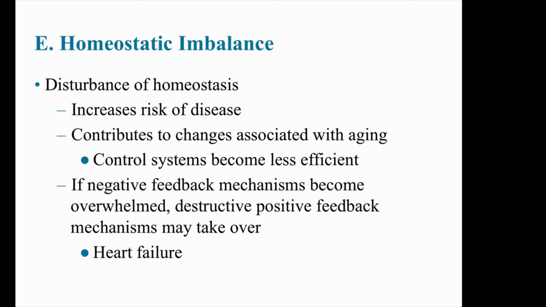Diseases that result from a homeostatic imbalance include heart failure and diabetes, but many more examples exist. Diabetes occurs when the control mechanism for insulin becomes imbalanced, either because there's a deficiency of insulin or because cells have become resistant to insulin.